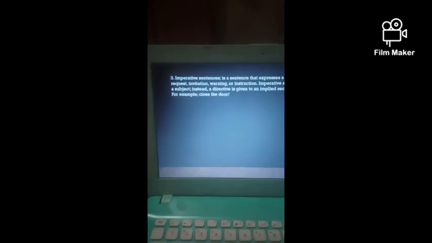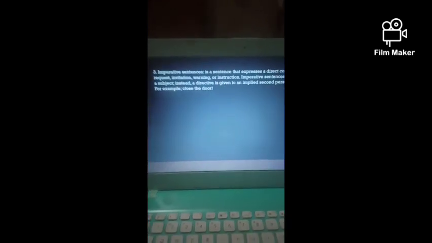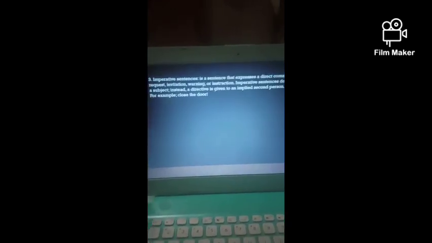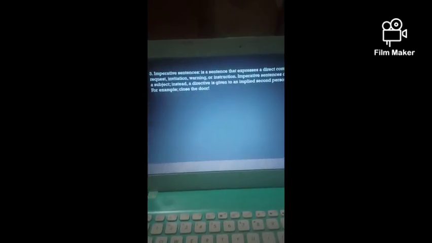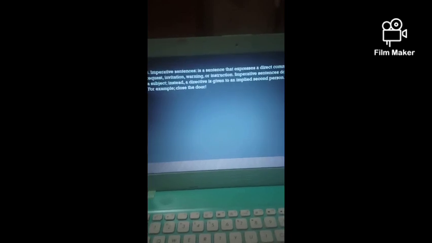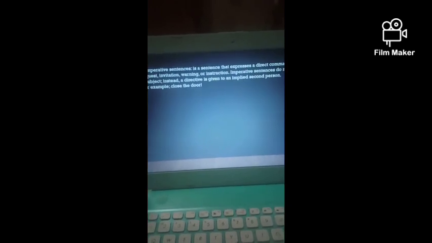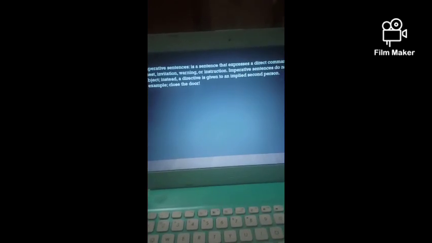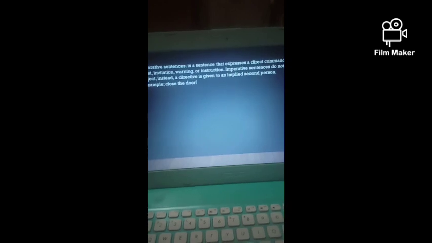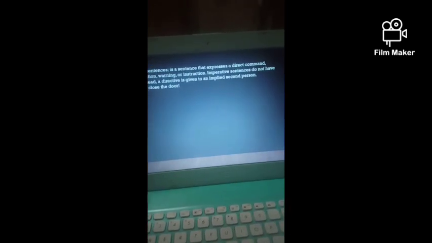The third is the imperative sentence, a sentence that expresses a direct command, request, invitation, warning, or instruction. Imperative sentences do not have a subject. Instead, a directive is given to an implied second person. For example, close the door.